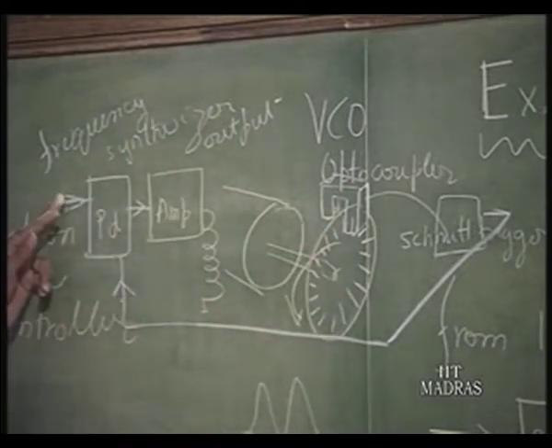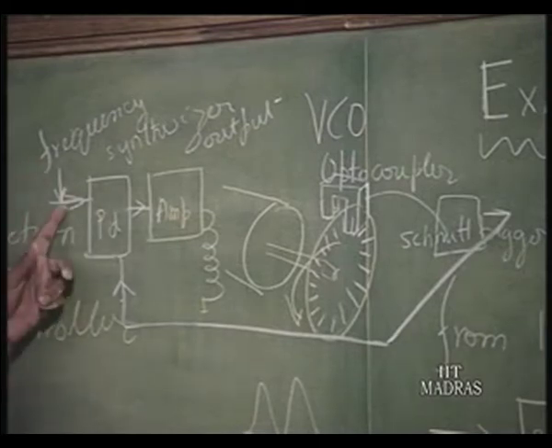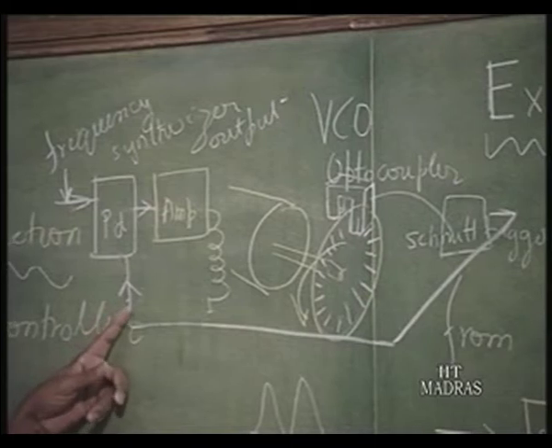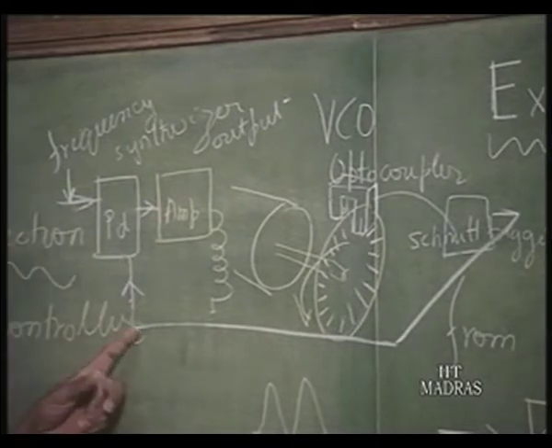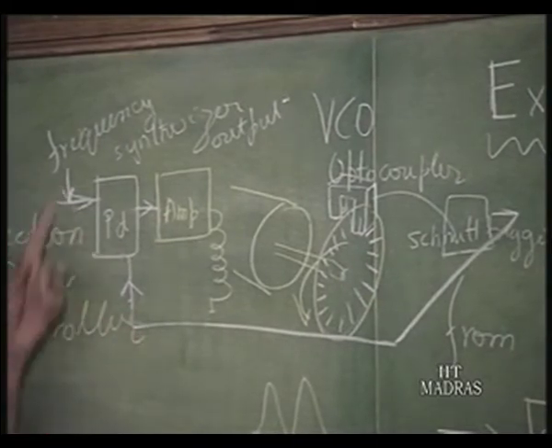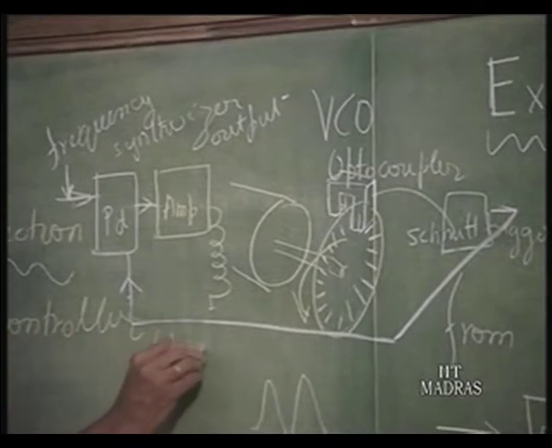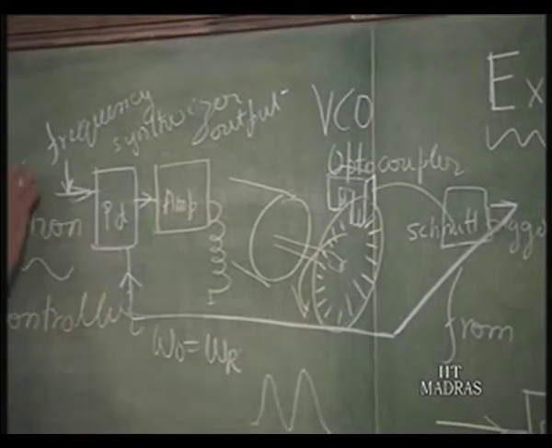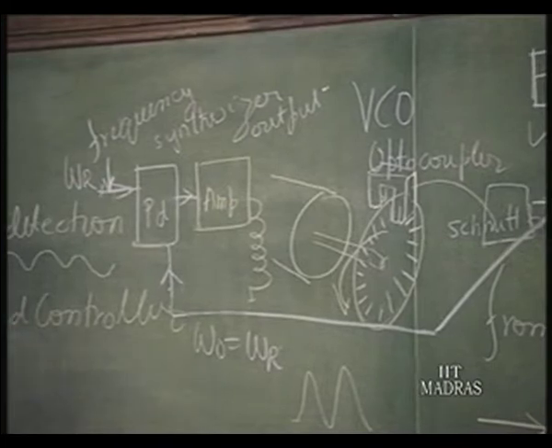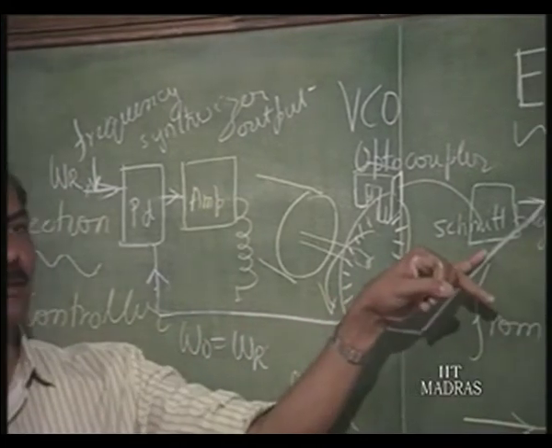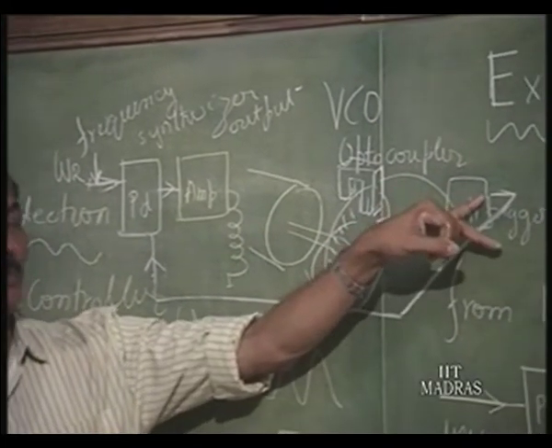What happens if the frequency synthesized output is connected here, so that the frequency can be programmed? This frequency will be the same as this frequency. If this frequency is the same as this frequency, omega naught is going to be equal to omega reference. So, this is constant. That means the Schmitt trigger output is constant.